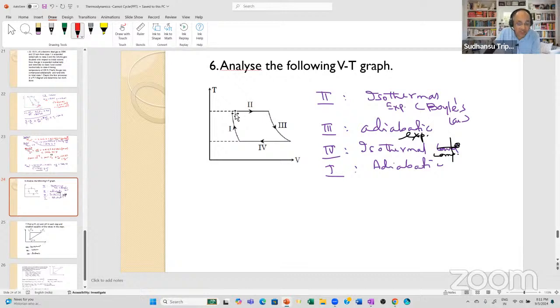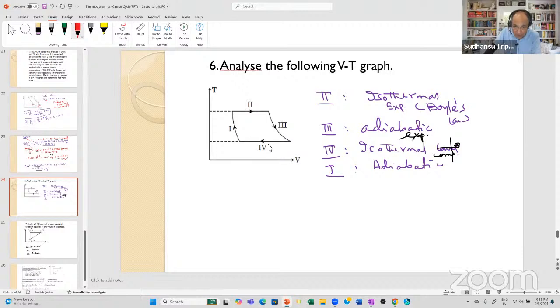So this straight line represents an isothermal expansion process. This is a TV graph, not a PV graph. And 3 is an adiabatic expansion because both temperature and volume are changing. Temperature is decreasing, volume is increasing, so that is bound to be an adiabatic expansion.